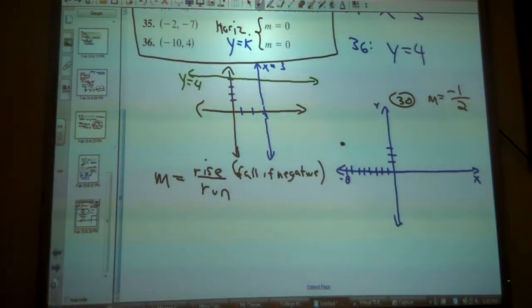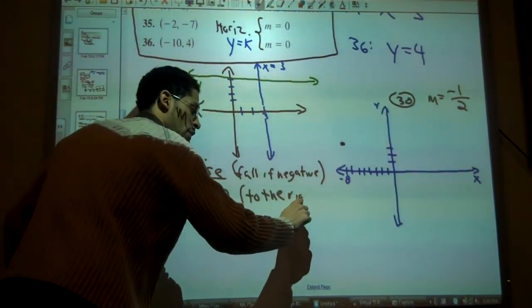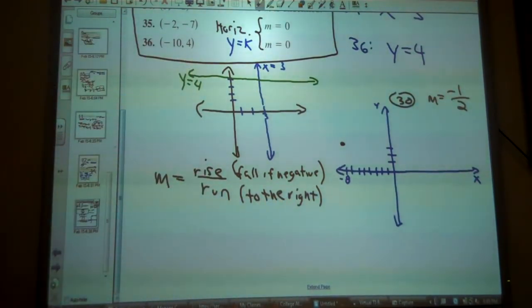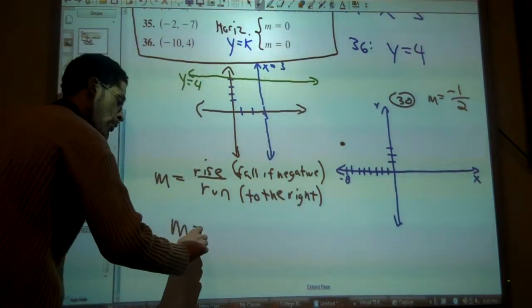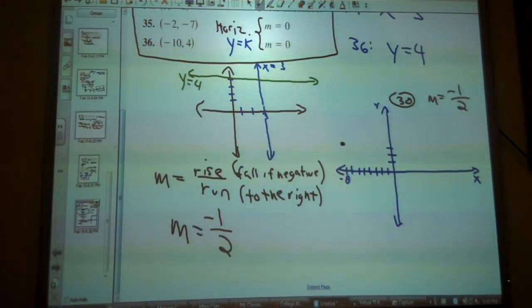And then the run, for us, will always be to the right. We're going to make sure that it'll be positive, and we'll make the negative occur in the numerator. So when you tell me that the slope is -1/2, you're giving me directions on how I get from one point to the next on the line.